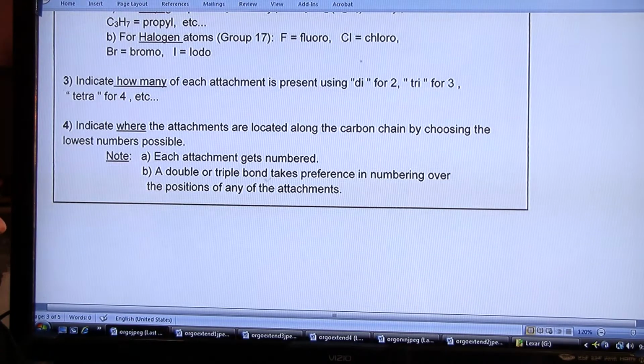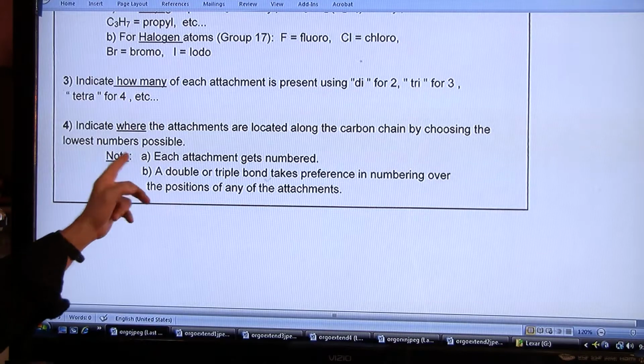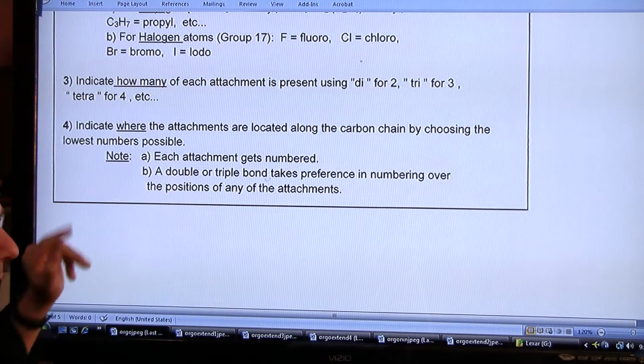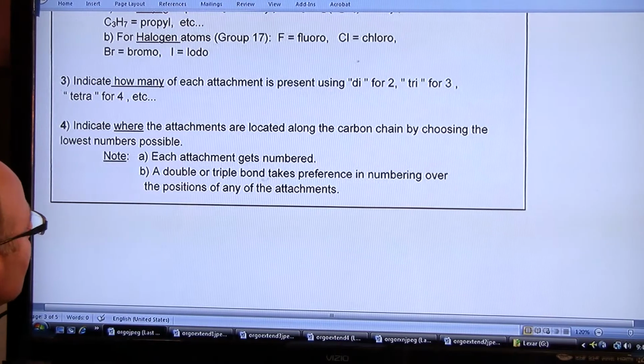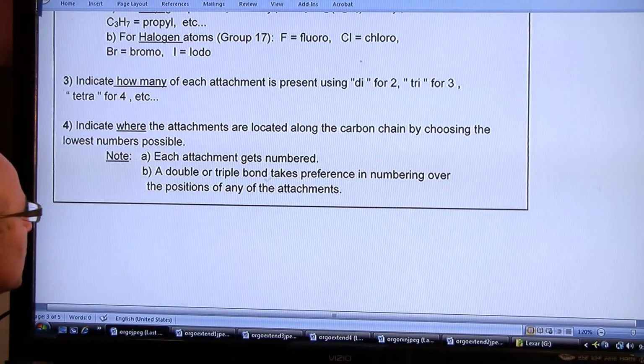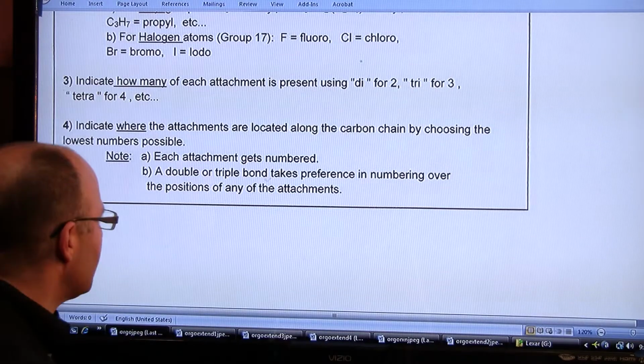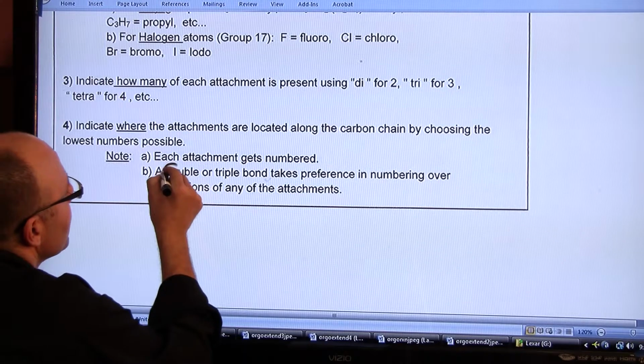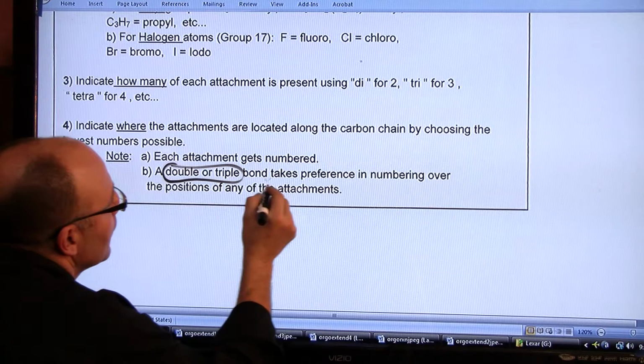It says that note, each attachment gets numbered. Well, we covered that already with the 3,4-dimethyl. Both methyl groups get a number. But point B is more important now. A double or triple bond takes preference in numbering over the positions of any of the attachments. So a double or triple bond, a multiple bond, takes preference.